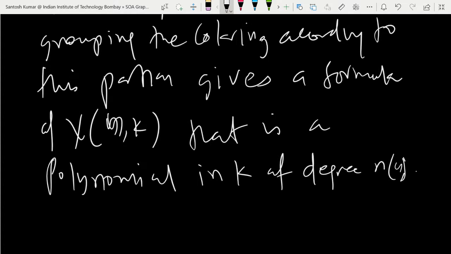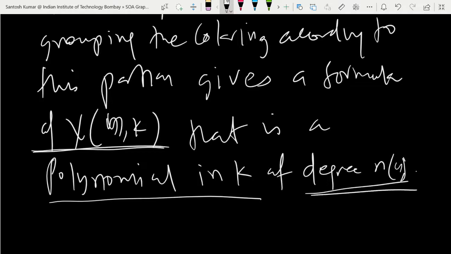So we will derive a formula for chi(G, k), where k is the variable, and the polynomial will have degree n_G. Degree is the power, so this polynomial will have power n_G.